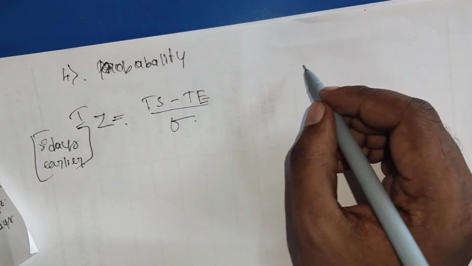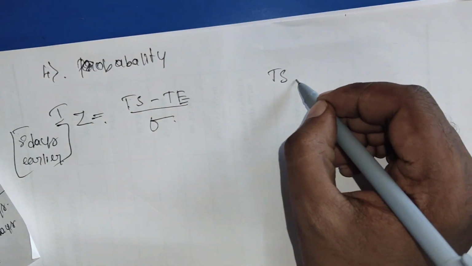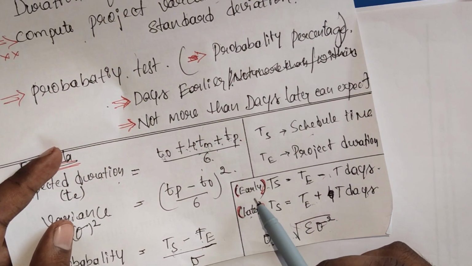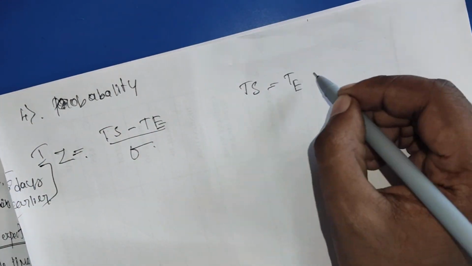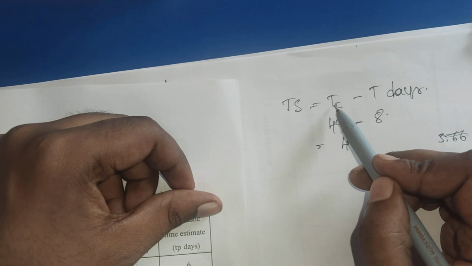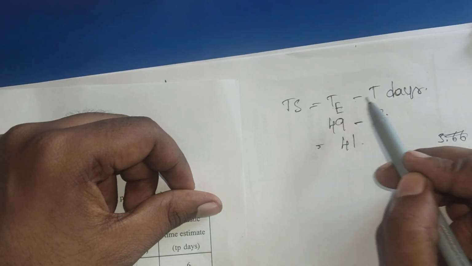We don't know TS, that's why we need to calculate TS. We are calculating the earlier case, so TS is equal to TE minus T days, the actual duration of the project minus T days.